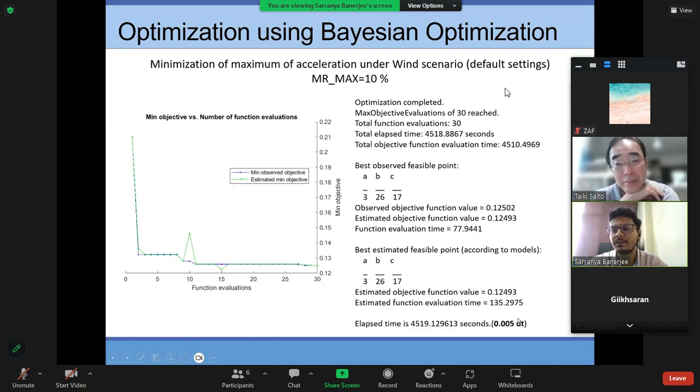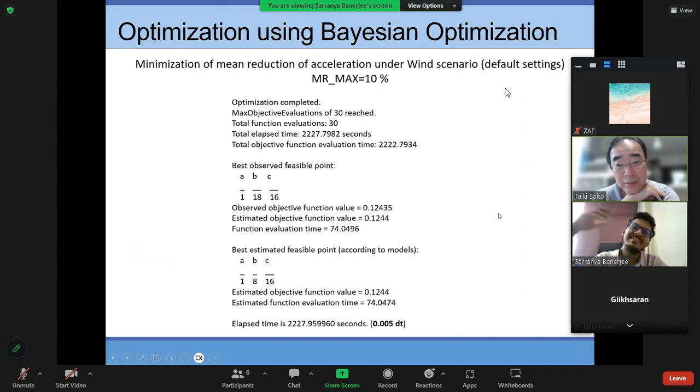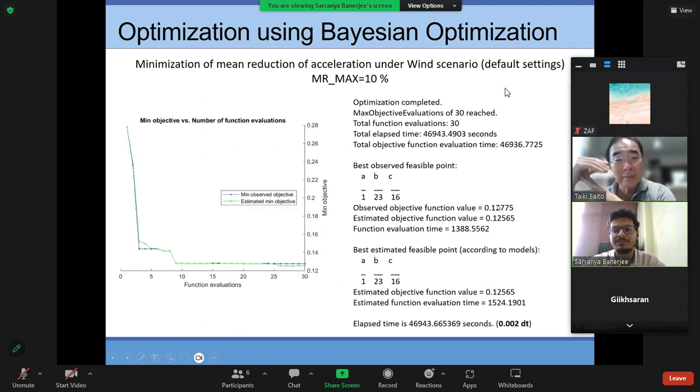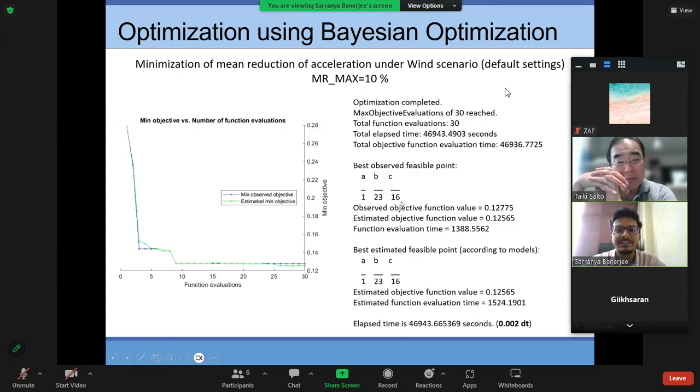When the results are not converged, the values are quite different. But if we are talking about the reduction or the ratio, it gets cancelled out. The ratio using the two different time steps is almost similar. So it is 0.12, and this is 0.1275, and the optimum result is also the same. It is 1% with 16% damping ratio, 1% with 16% damping ratio.